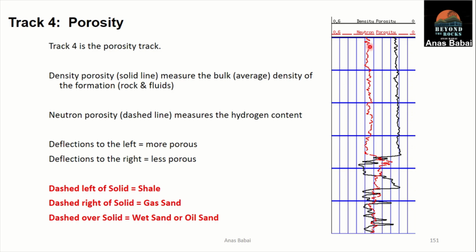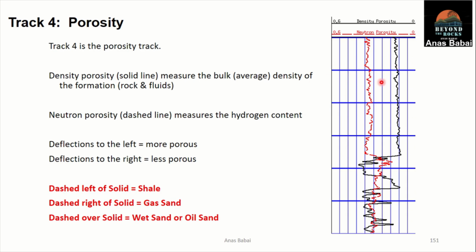If you remember, if we have neutron to the left and density to the right, that means our lithology is shale, while if we have density to the left and neutron to the right, that means our lithology is sand. We also said that neutron to the left and density to the right is also for dolomite, and the way that we differentiate between dolomite and shale is using the gamma ray.